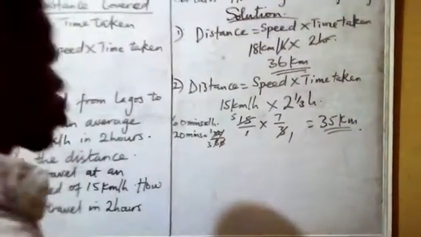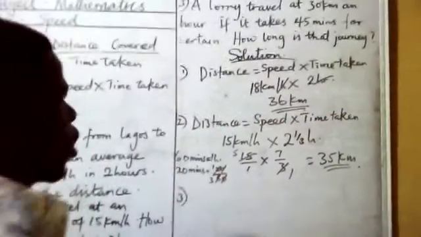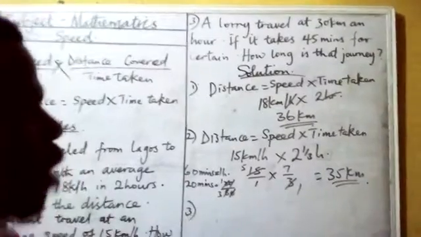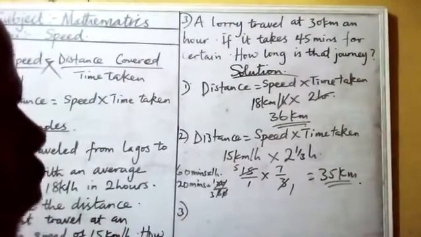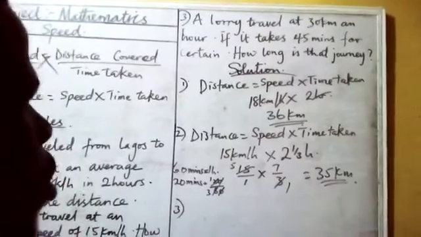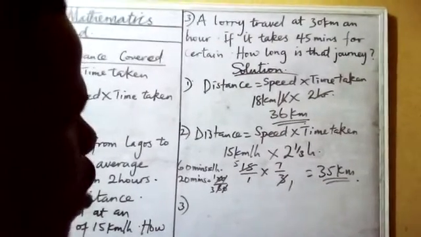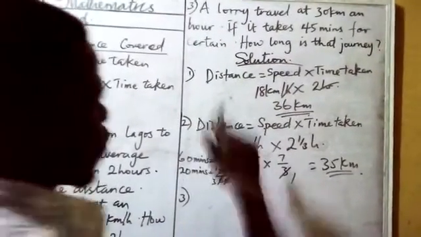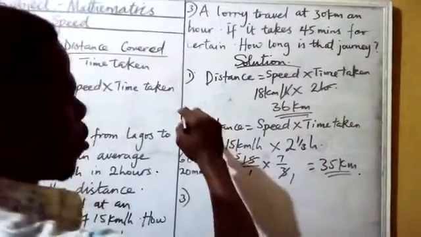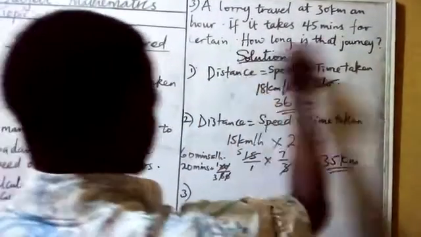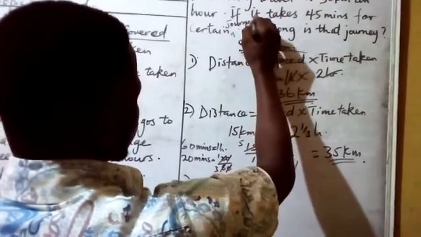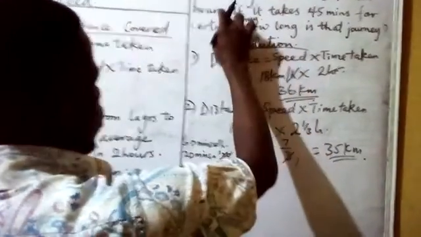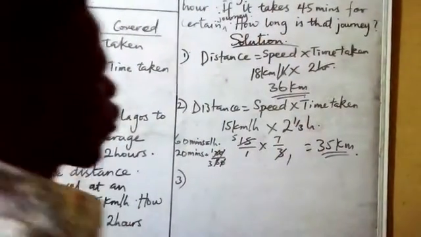Okay. So the last question here says a lorry travels at 30 kilometers an hour. If it takes 45 minutes for a certain journey, how long is that journey?